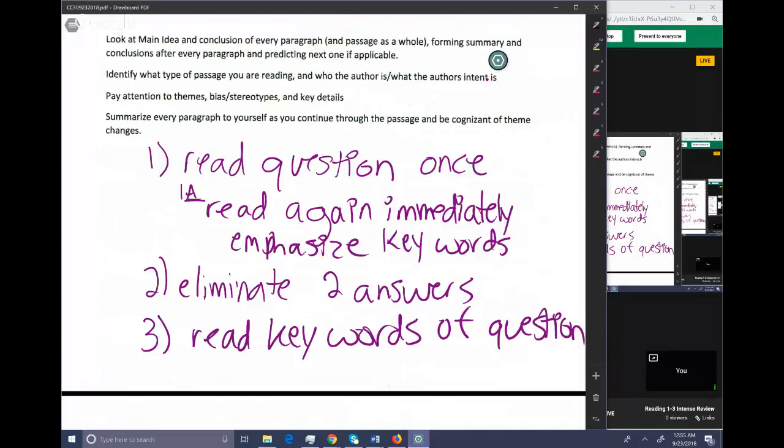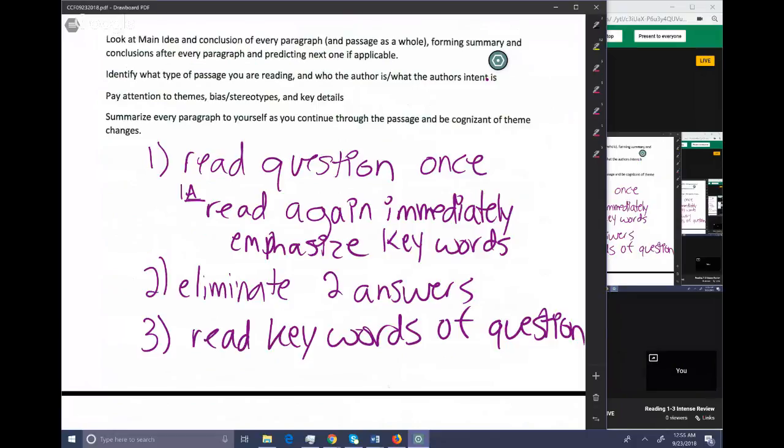So for example, if I go back to the example that I just did, third paragraph, main purpose. Maybe one of the 2 answers that I've got sitting here would be a better answer for the second paragraph, or would be a better answer for the whole entire passage. And then the other one is maybe a better answer based on that third paragraph.